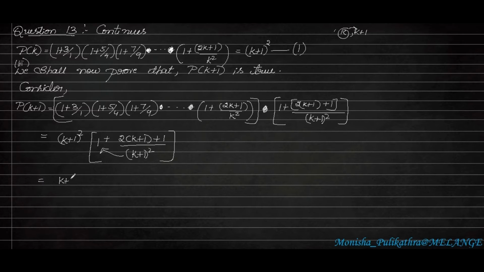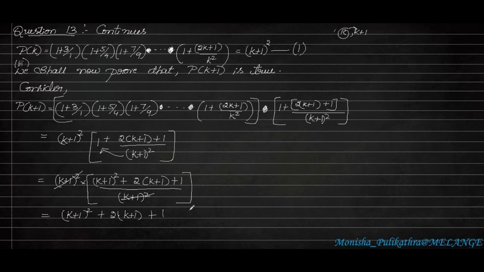So it will become (k plus 1) whole square into (k plus 1) whole square plus 2 into (k plus 1) whole divided by (k plus 1) whole square. So now (k plus 1) whole square and (k plus 1) whole square cancel. Okay, since multiplication is there, both will get cancelled. Then remaining is (k plus 1) whole square plus 2 into (k plus 1) plus 1.